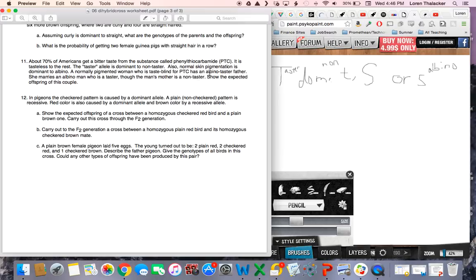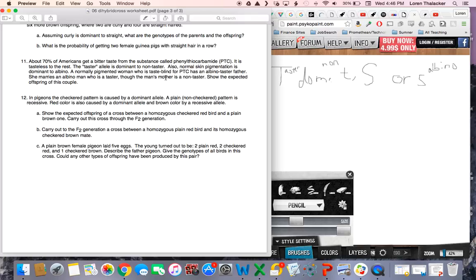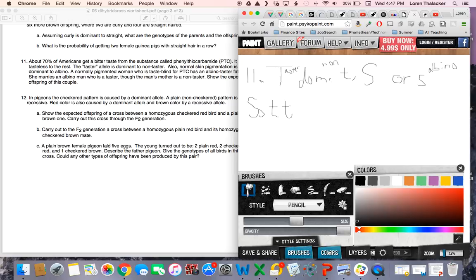But we see she has an albino father, and so if he's albino, he must have 2 recessive alleles that he passed on, at least one of them, to her. We also know she's taste blind for PTC. If she's taste blind, that means she has 2 recessive alleles. So this is for our woman.